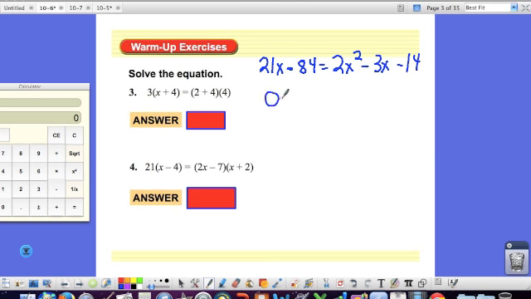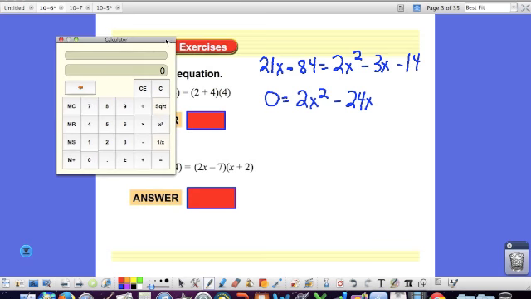I'm going to set everything here equal to 0 by subtracting everything on this side. Negative 3x minus 21x is negative 24x. And then negative 14 plus 84 is 70.